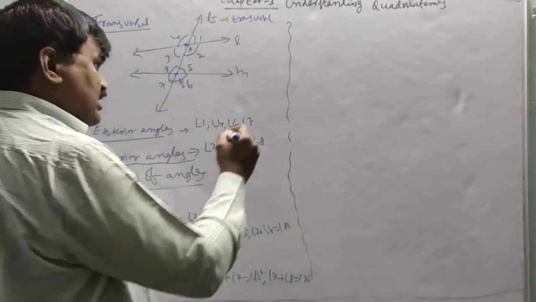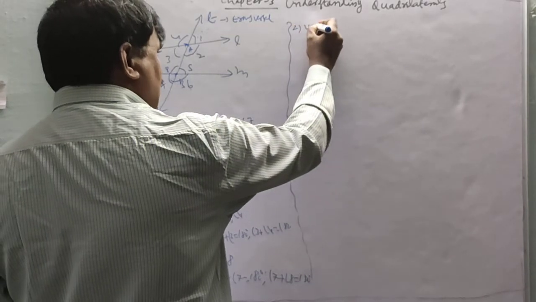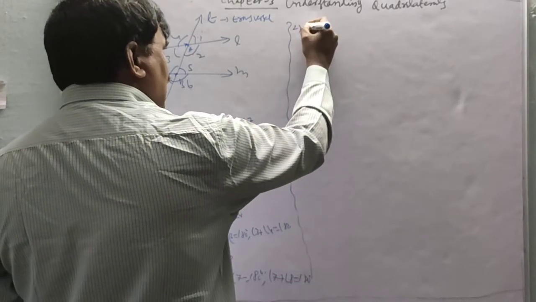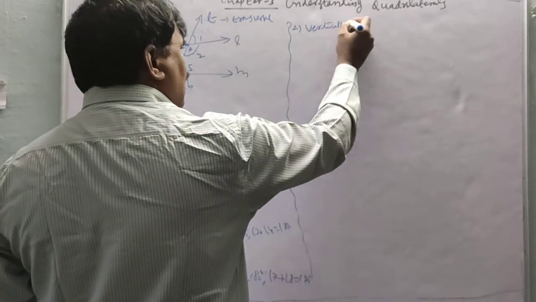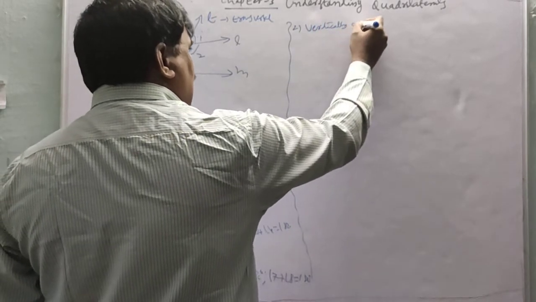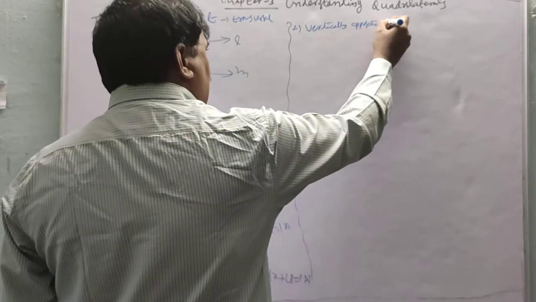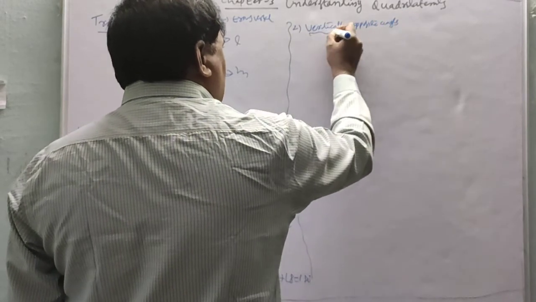Next pairs of angles, vertically opposite angles. What are vertically opposite angles?